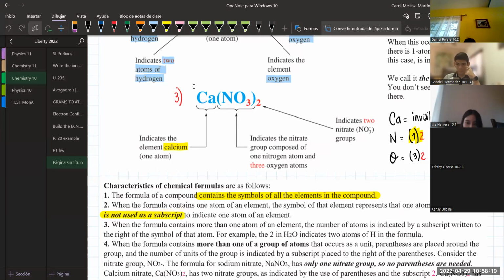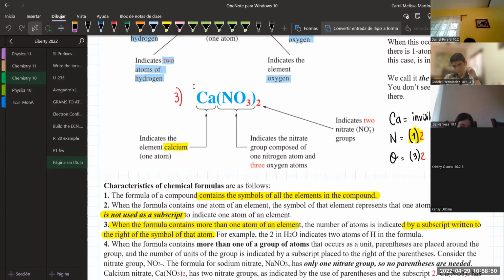Number 3. When the formula contains more than one atom of an element, the number of atoms is indicated by a subscript written to the right of the symbol of that atom. So when you have more than one atom of an element, you're going to indicate it with a subscript written to the right side of the symbol.